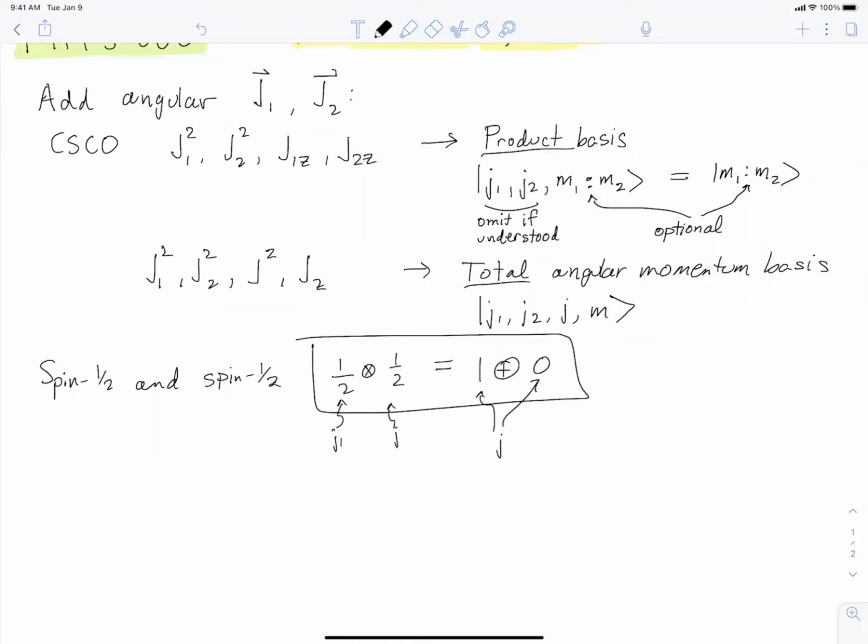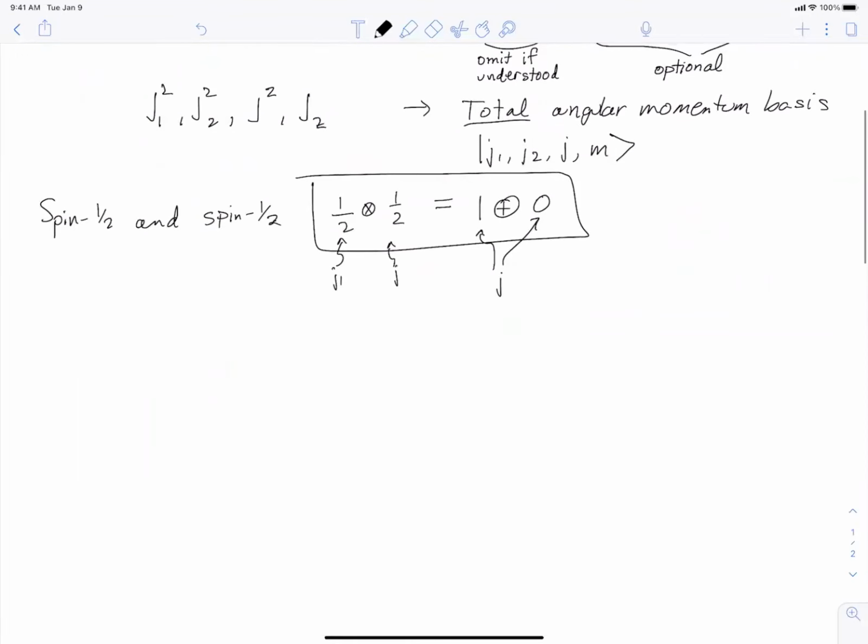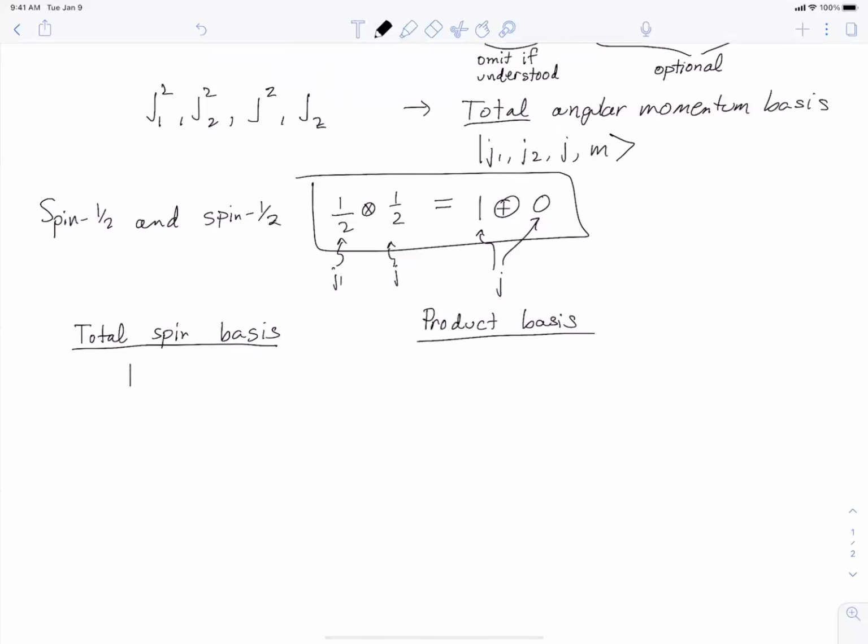Okay, and so then we constructed in the total spin basis what the states are and had a recipe for turning them into the product basis. We can write the total spin basis states as |1,1>, |1,-1>, and |1,0>.